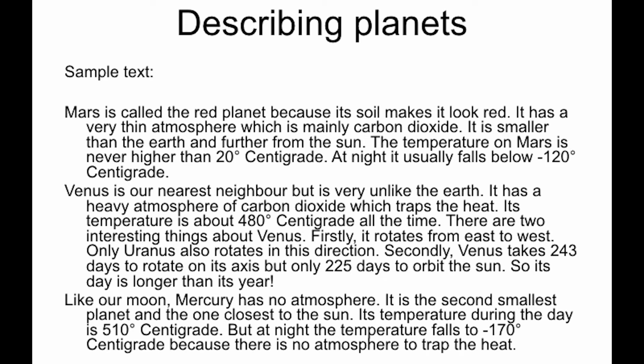Within this text description we've got Mars, Venus and Mercury, and information relating to their distance from the Sun, temperature on the planets and atmospheric makeup on the planets, comparing all three of them with each other. So the concepts look at those very things: the atmospheric makeup, the temperature on the planets, and the position in the solar system.